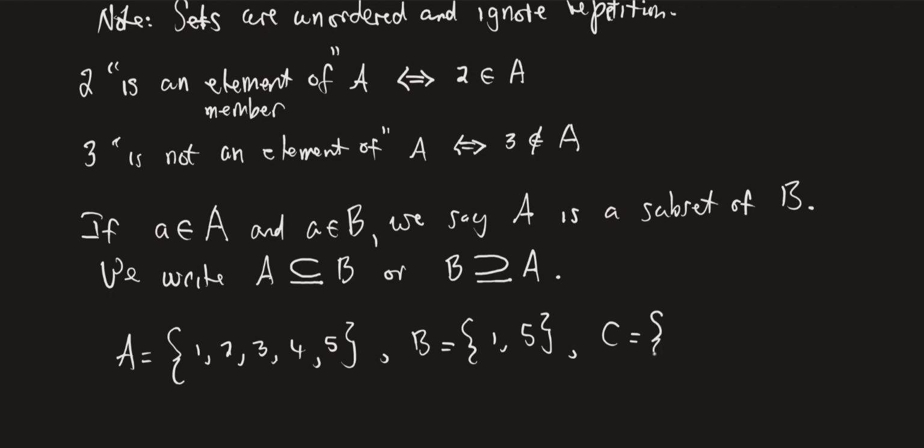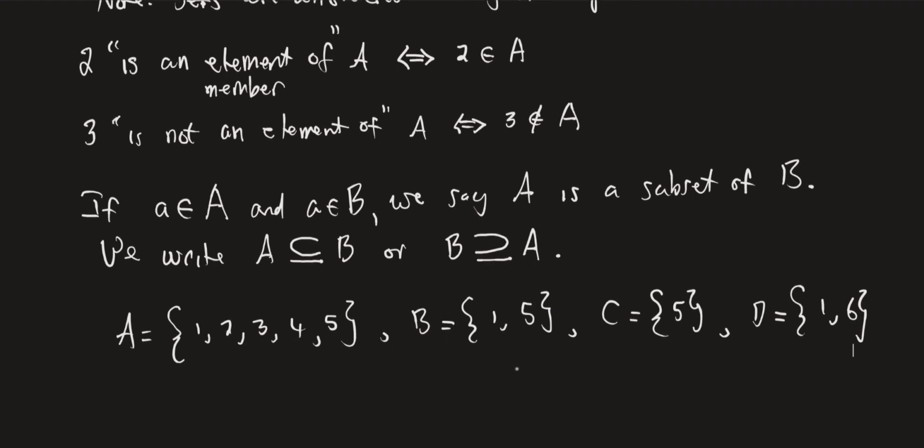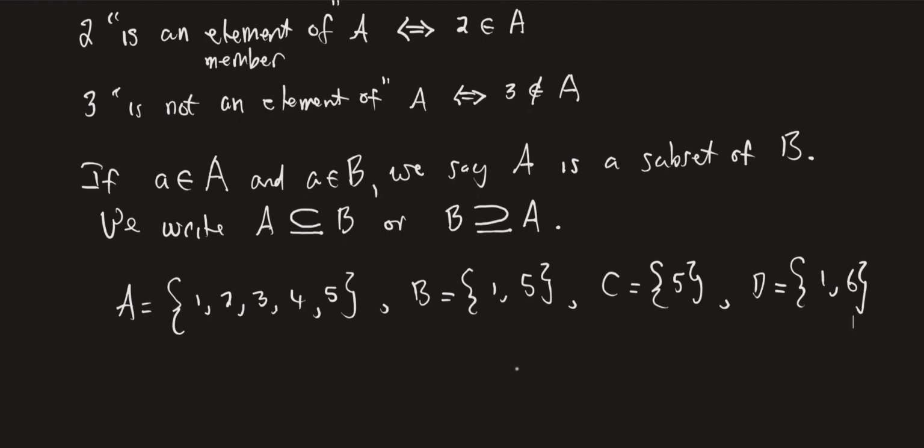C is just 5. And then D, let's say, is 1 and 6. All right, so we have 4 sets, A, B, C, D, and let's compare them and talk about what is a subset of what.